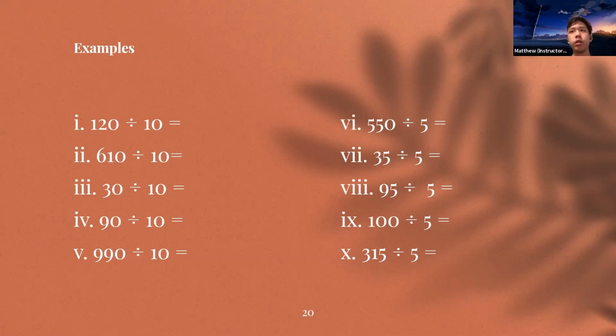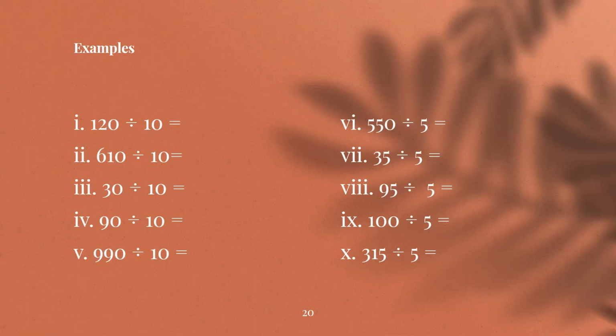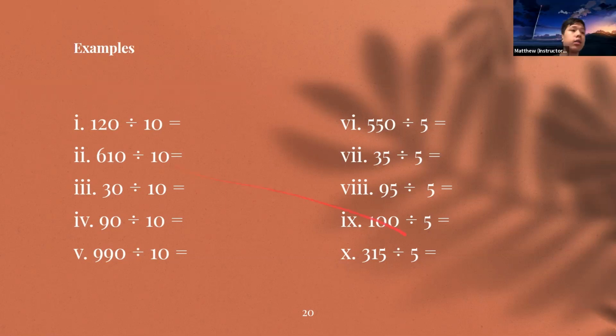What about question 5? 99, correct. Does anyone know the answer to question 6 then? I see. Does anyone know what the correct answer to question 6 is? Well, the answer would be 110.